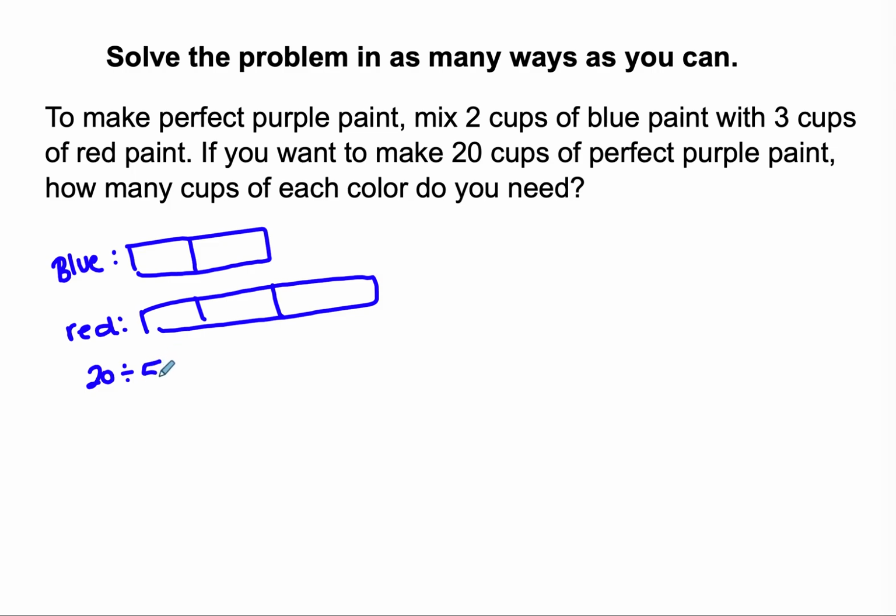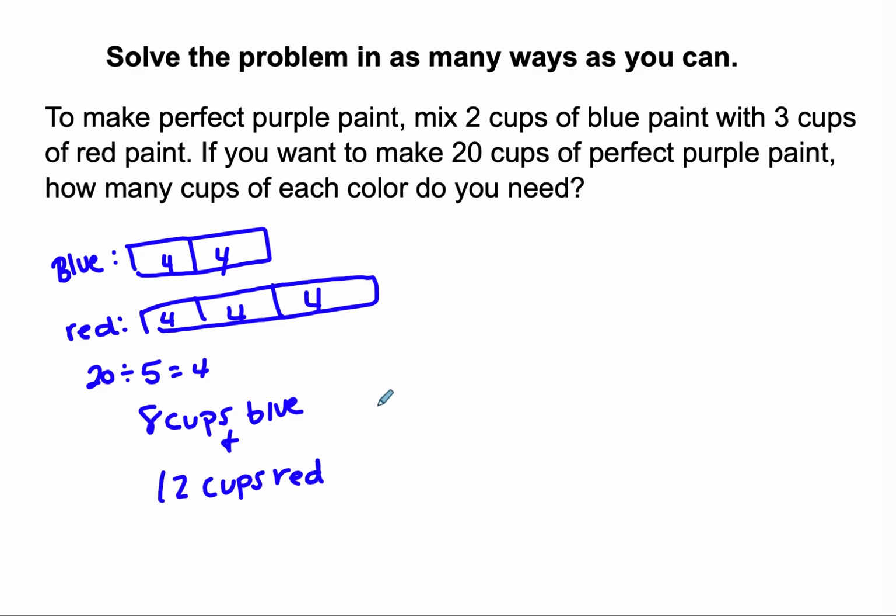There are 5 sections. Equals 4. That means 4 cups in each one. So when I add there, I get 8 cups blue and 12 cups red. Could have also used a ratio table on this one.